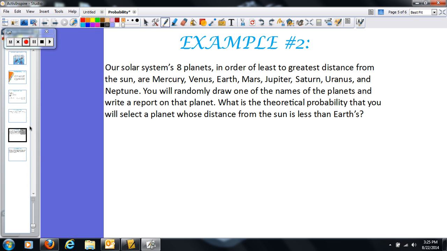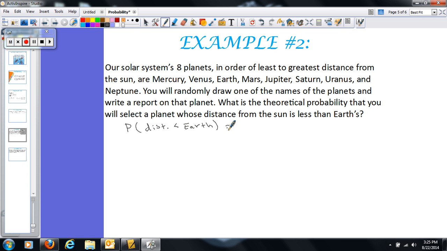You will randomly draw one of those names of the planets and write a report on that planet. What is the theoretical probability that you will select a planet whose distance from the sun is less than Earth's? Okay, so we have the probability of distance less than Earth.